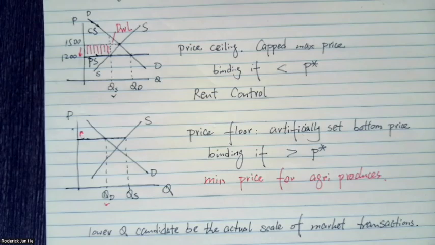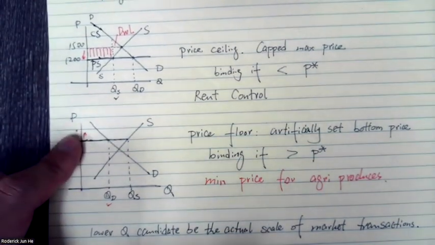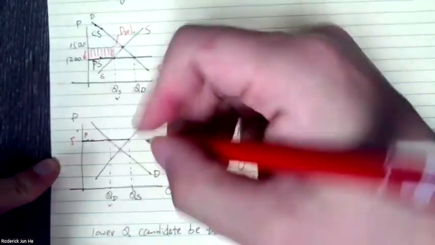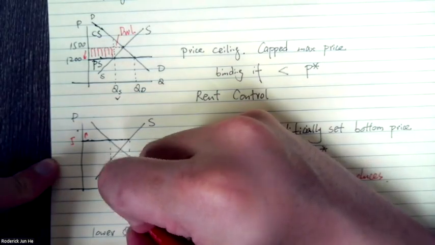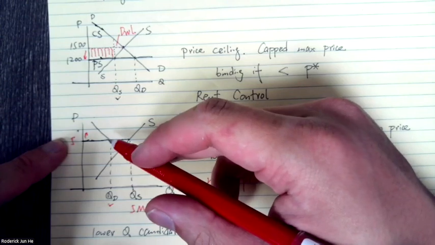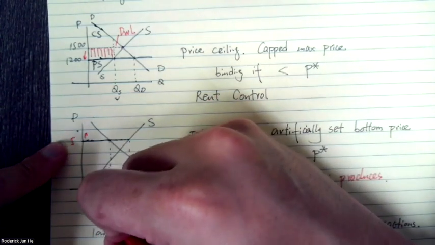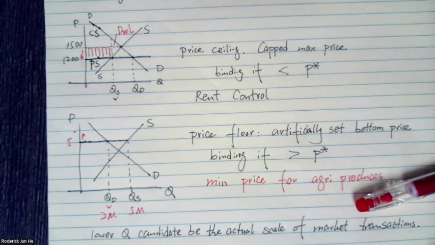So in that case, for instance, the farmers under this price, say $5 per pound, are willing to produce 5 million pounds, but at $5 per pound, there's only 2 million pounds of consumption.